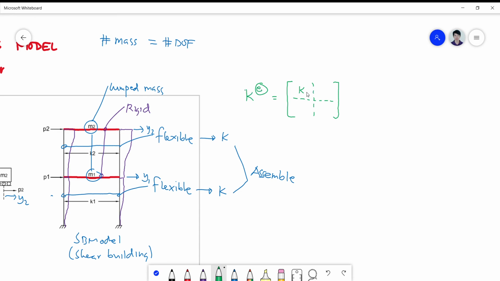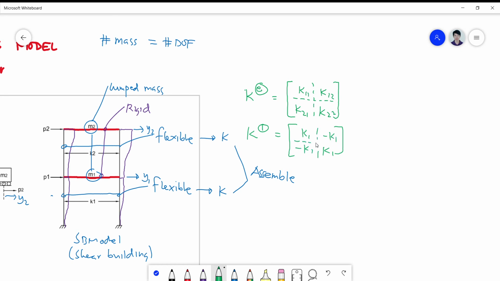You have now your K11, okay, K12, K21, and K22, okay. All of these values for a certain element, let's say K of element 1, are simply the same. They simply signify one value, which is K1, negative K1, negative K1, K1, okay?